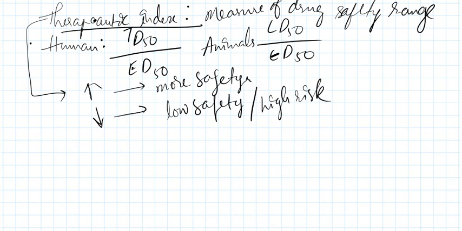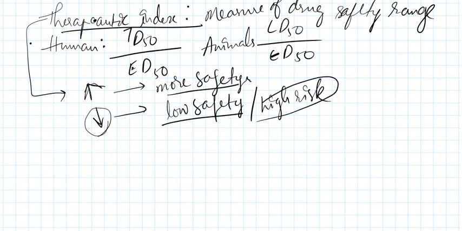So if the therapeutic index is high, the drug is more safe. But if the therapeutic index is low, that implies the drug has a low safety profile, or high chances of producing side effects, a high risk drug.